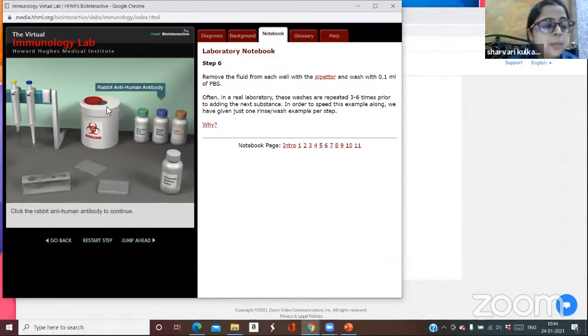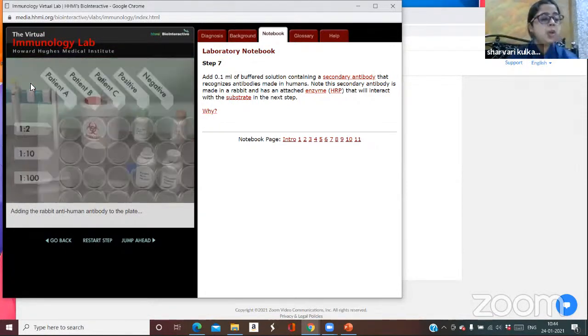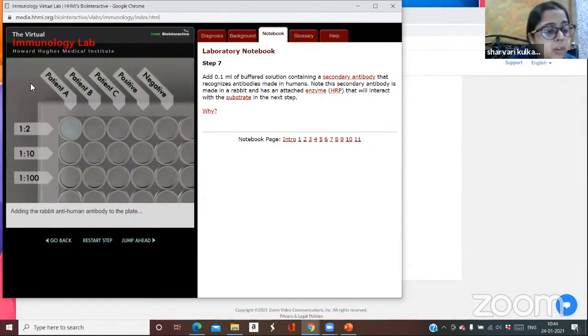Now, next step, which is rabbit anti-human antibody. It has to be added in order to continue the reaction, actually perform the reaction. So now we will click on small volume pipetter. It will transfer. And do you understand rabbit human antibody?